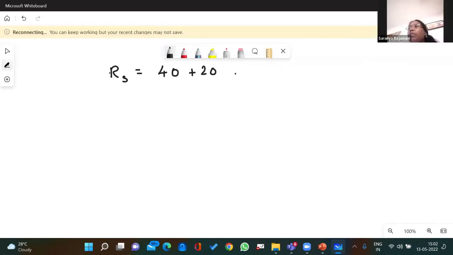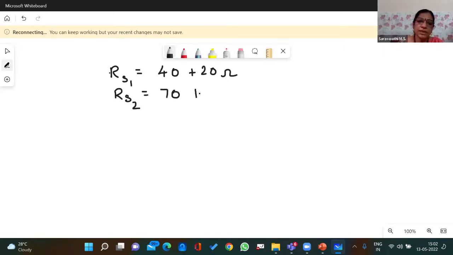Yes, ma'am. 40 plus 20. We call it RS1. What is RS2? 70 plus 20. So this is going to give you 60 ohms. This is going to give you 90 ohms, right? Yes, ma'am. So they are parallel to each other now.